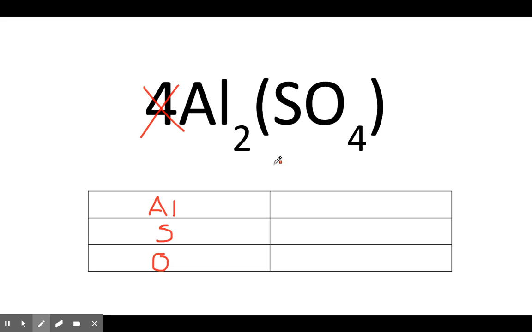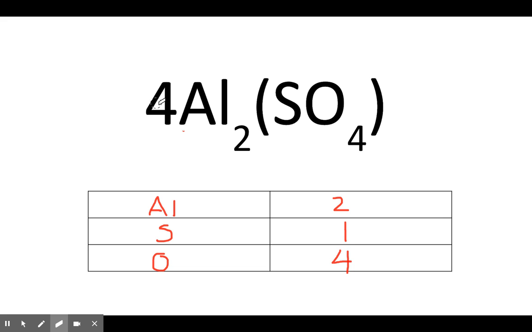So we see that we have a subscript of 2 here, and we're going to go ahead and record that. Inside of our parentheses, we have 1 sulfur, and then we have 4 oxygen. That parentheses does not have a coefficient outside of it, so we don't have to do anything extra and special with that. Now, we're going to start looking at our coefficient.